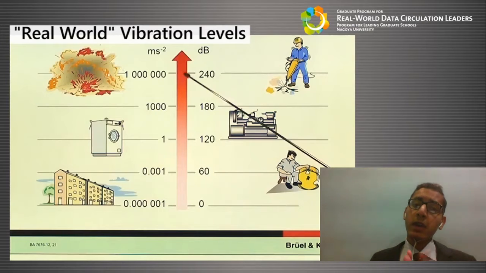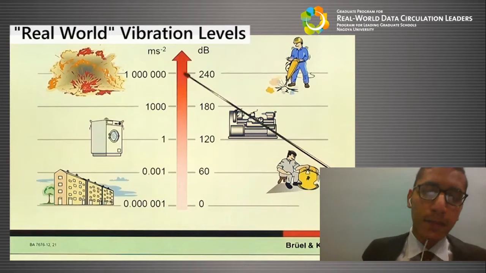Now we have a few examples in the two different scales, the decibel scale and the meter per second scale. In the decibel scale, the vibration level in a building is 0 decibels or 0.000001 meter per second. Rocking a baby's cart can produce almost 60 decibels, which is equal to 0.01 meter per second.